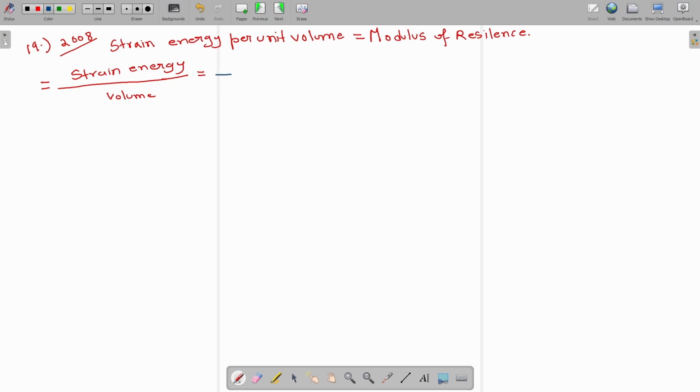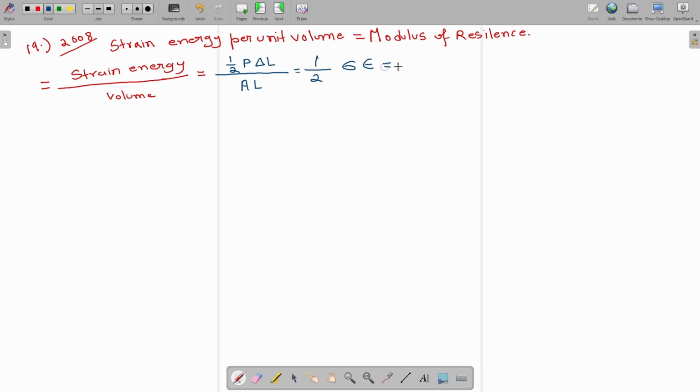Therefore, we know strain energy is given as half P into delta L and volume is given by the cross-sectional area into length. Therefore, we can write it as half P upon A is stress and delta L upon L is strain.